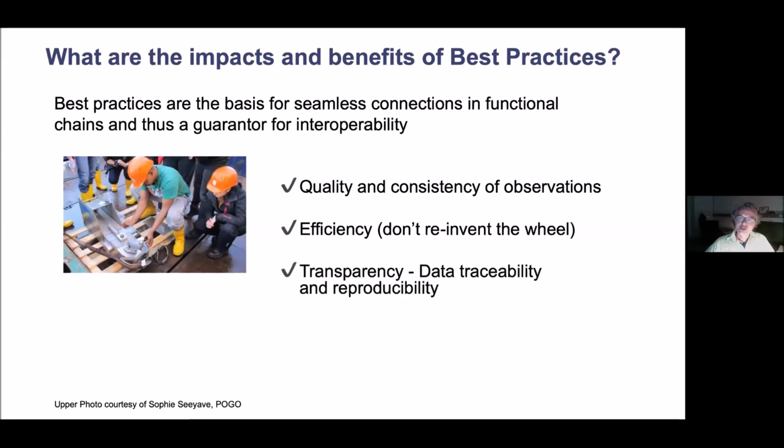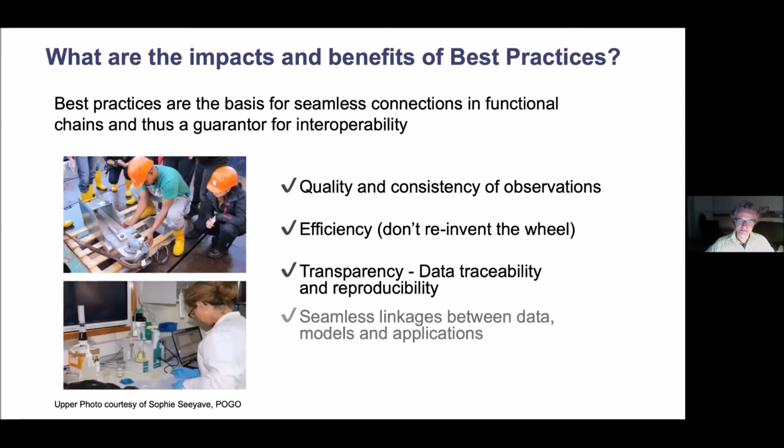They also make sure that there is transparency and data traceability, reproducibility across all different levels of observing. They also ensure that there's a seamless linkage between data, models, and the applications that come out of the data and the models. And of course, best practices are also a resource for training and capacity development.